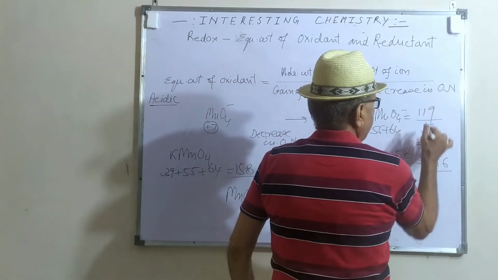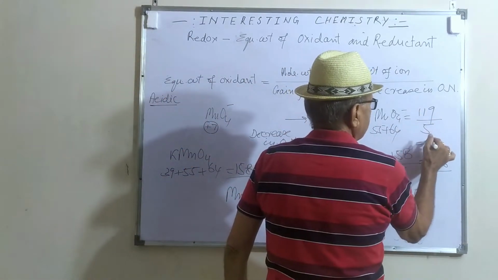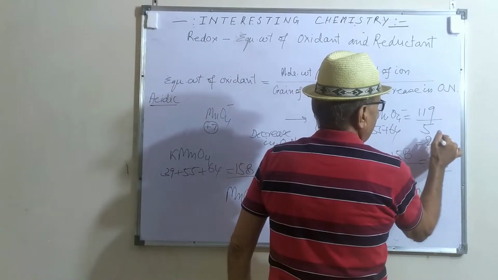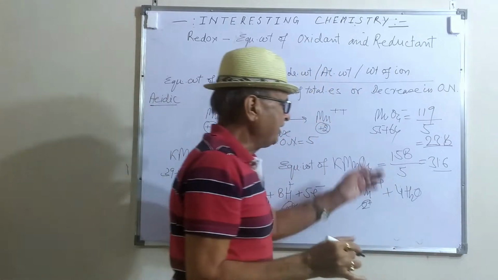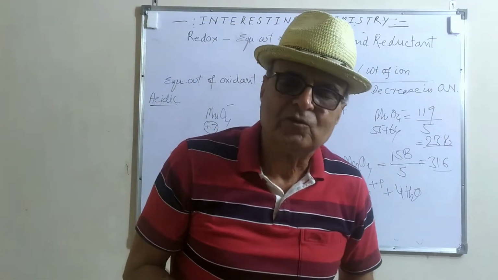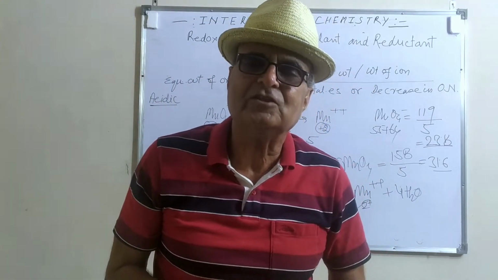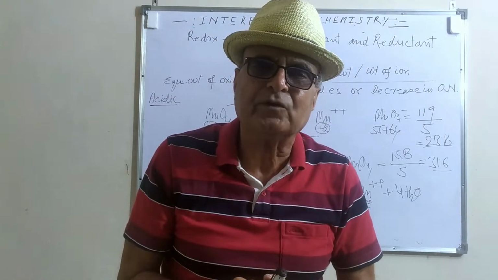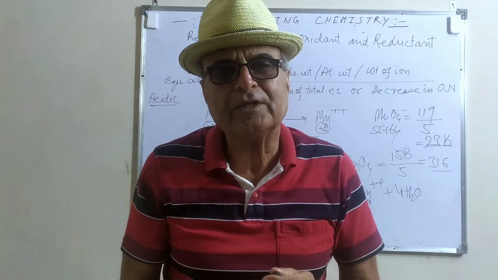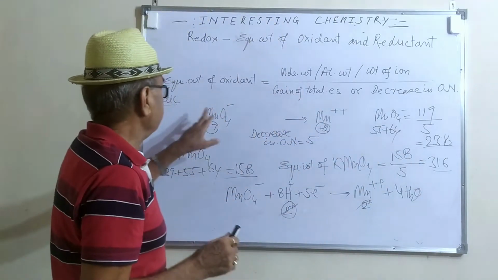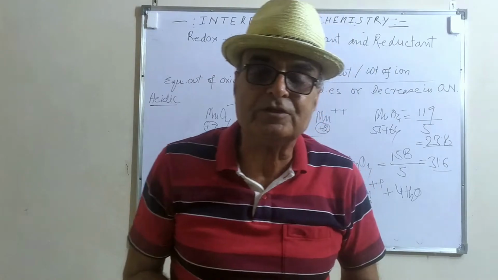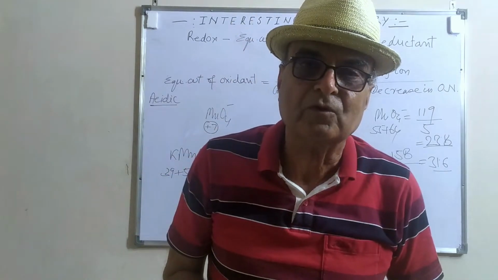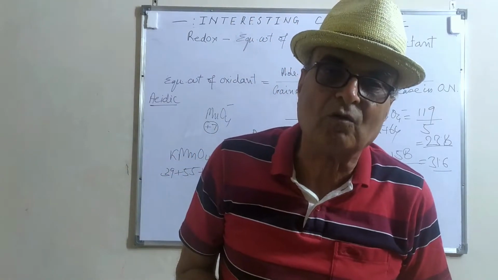So the equivalent weight of MnO4 negative is 23.8. In this way, you can calculate the equivalent weight of KMnO4 in acidic medium.